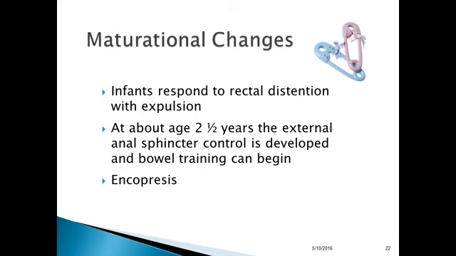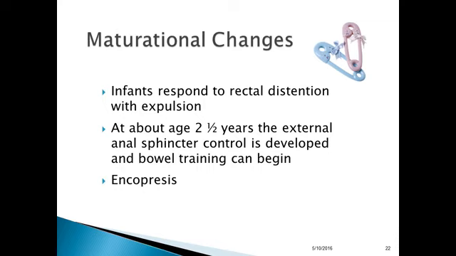Now, encopresis is fecal soiling that is usually associated with functional constipation. That is, constipation that does not have an organic or anatomic cause. Encopresis occurs more frequently in males than females, with prevalence rates reported to be about 5 to 10%.